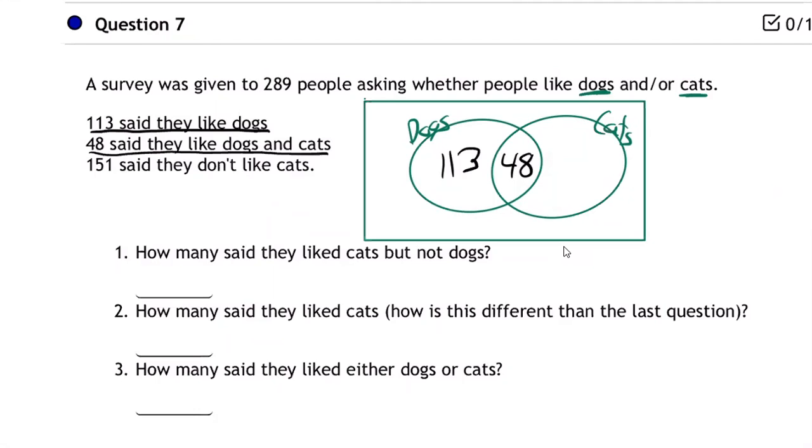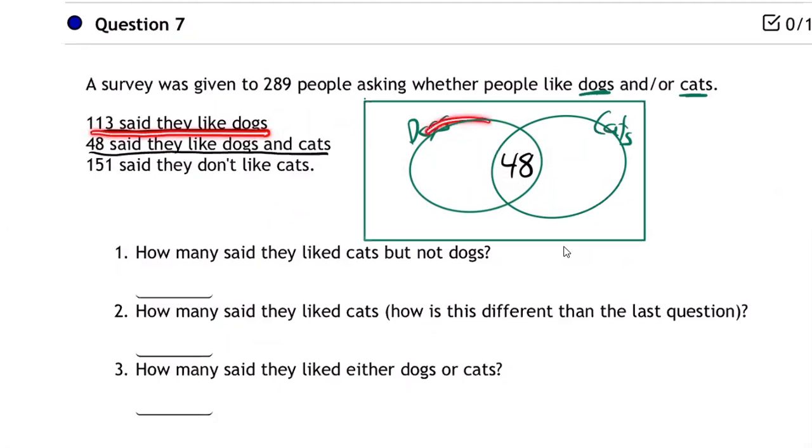Yeah, you're totally right. These two together must make 113, right? Because it says 113 like dogs. That means the whole dog circle must be 113, not just this part right here. That's just true to the words, isn't it?